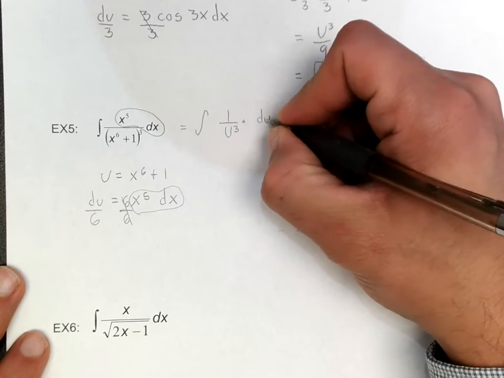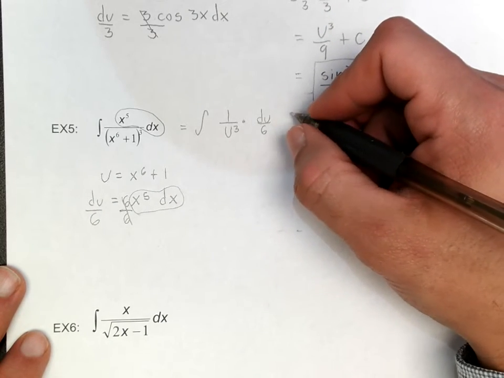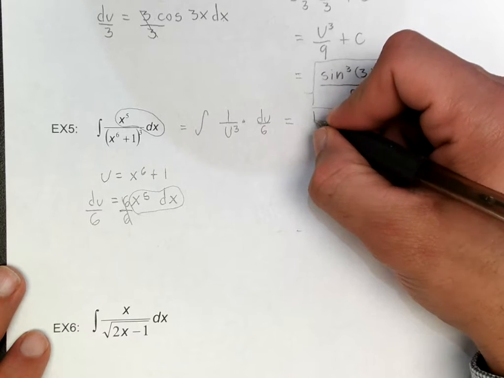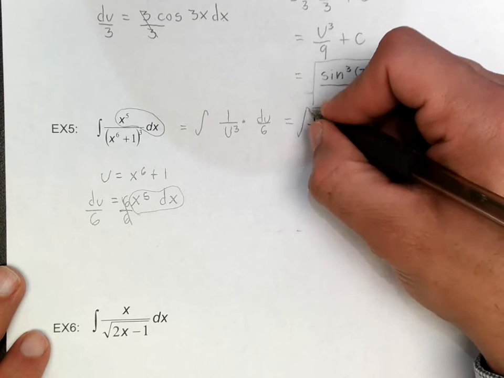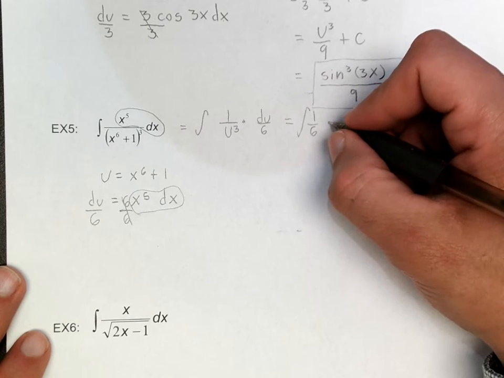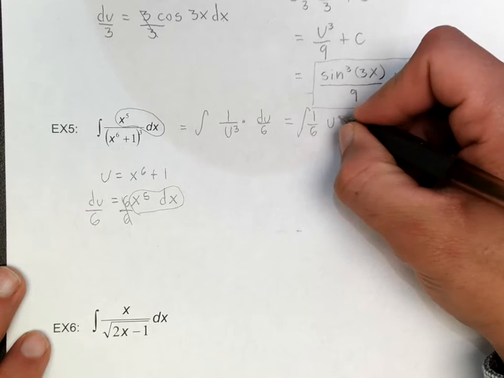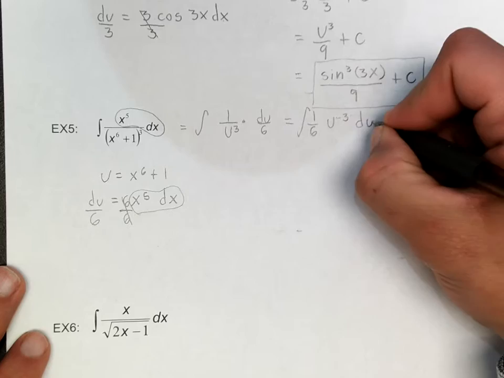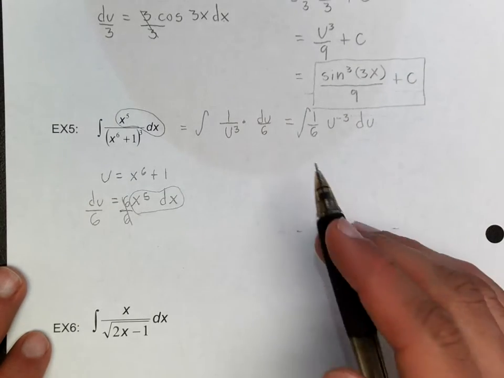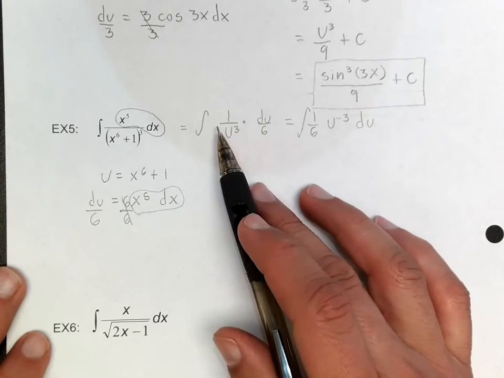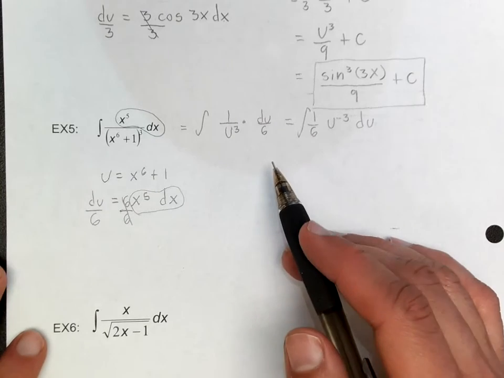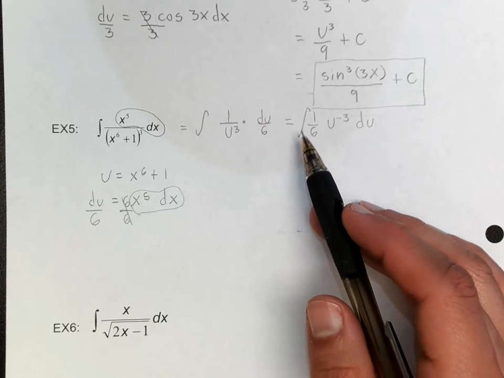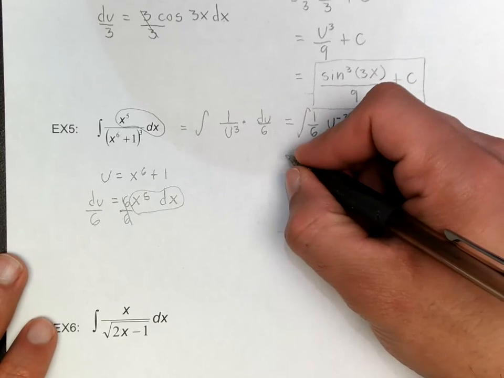And now that's equal to 1 over 6 u to the negative 3 du. Again, notice that I took out this constant 1/6 and moved it out in front of everything. And again, you can move that 1/6 completely out of the integral if you want. That's really up to you.